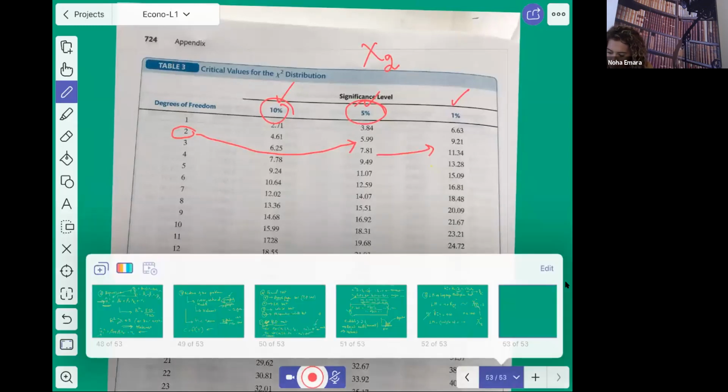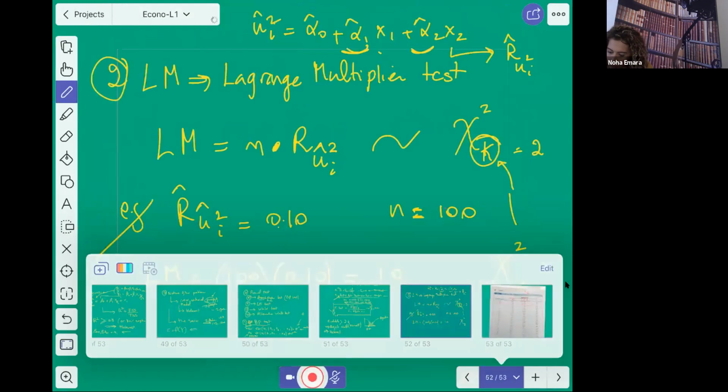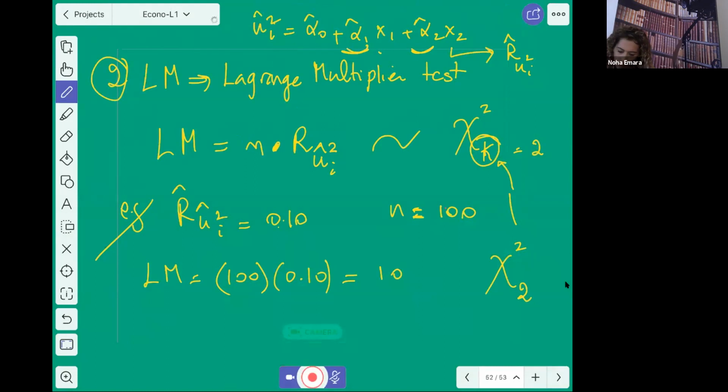So your graph, again, similar to the F, has 5.99 as the critical value under the 5%, with the rejection region beyond it. You do the same thing.